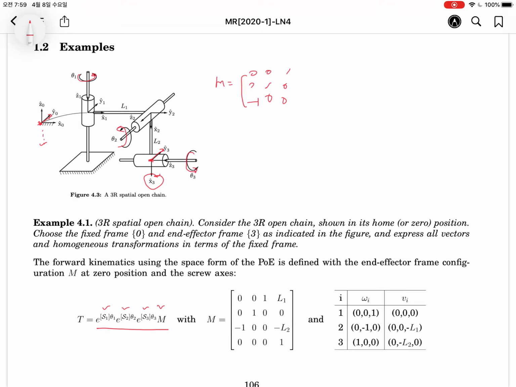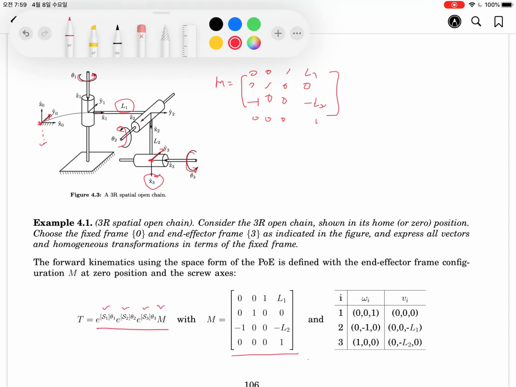And then let's take the position of the end effector. The x component will be L1, there is no y directional component, and z will be minus L2. And then a 1 is required to make the homogeneous transform. Like this we can make it.